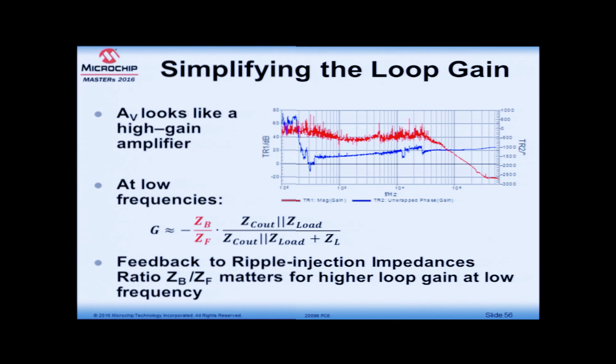And what we did here, we hooked the receiver input to the switch node, and we're looking at the transfer function from the feedback to the switch node.